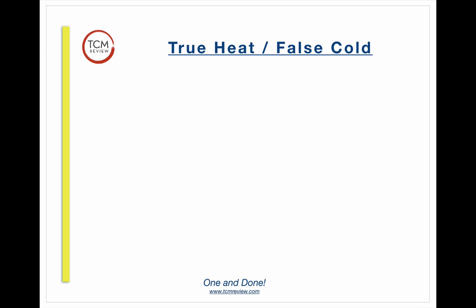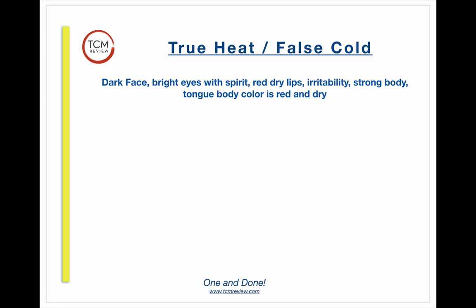So with this one, we have a dark face, bright eyes with spirit, red, dry lips. So we're already seeing the heat. We see it in the lips. Irritability, which is a sign of heat, or you see it in qi stagnation as well, but it is a symptom of heat. You have a strong body. There's our excess.